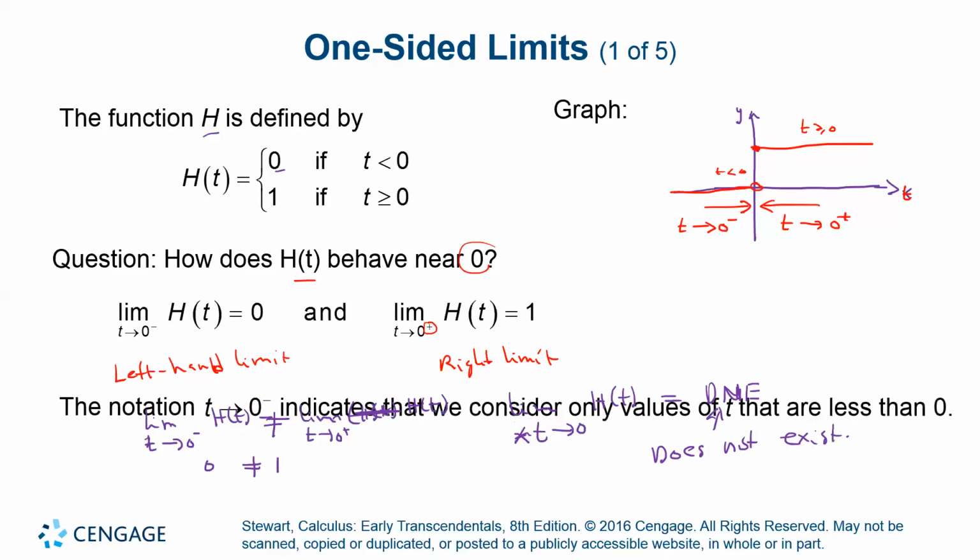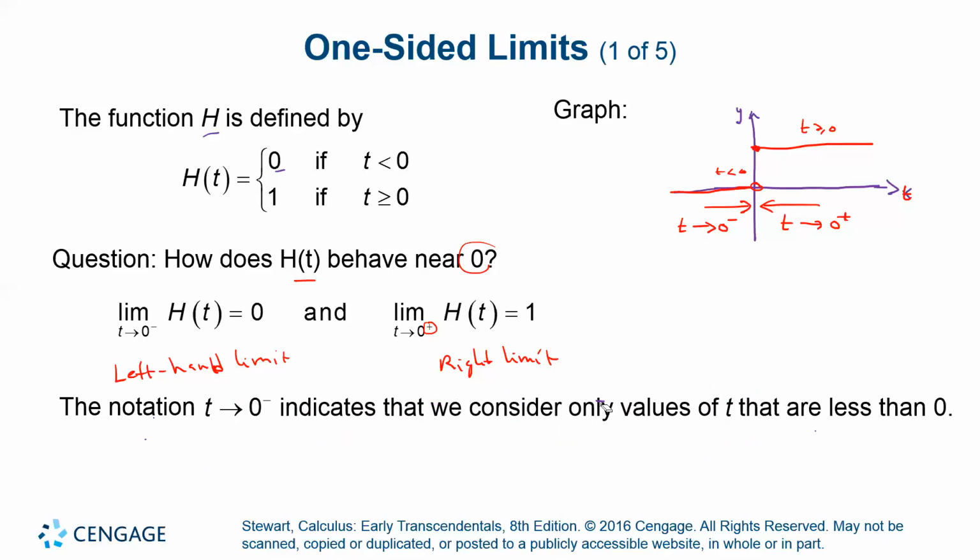So we already explained those limits, so that you could see what is happening there. Now, the notation is that when t approaches 0 from the left, we use this symbol: t, then the right arrow, and then 0, and we put the negative sign on top of the number.